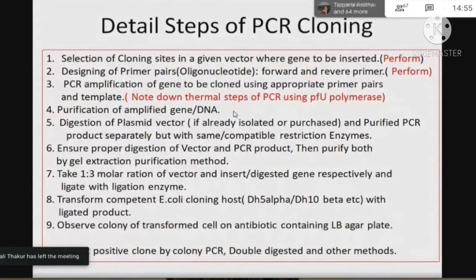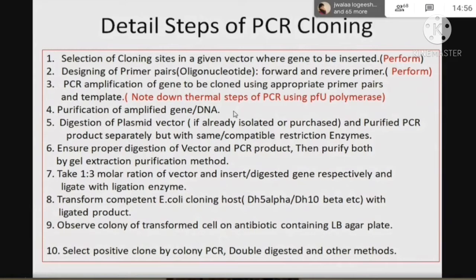If you are getting a non-specific band also, then you should not proceed directly to purification. Then you run the remaining 45 microliter on gel, cut the corresponding band from the gel, and elute that PCR product. If you are not getting any non-specific band along with your amplified product, then you don't have to run the remaining 45 microliter on gel. You just purify it by adding some TE buffer and phenol chloroform and do the purification process. Or sometimes you can use a kit for PCR purification.